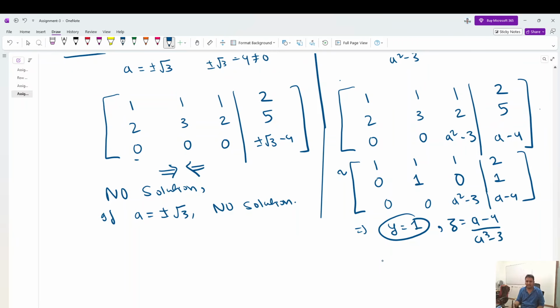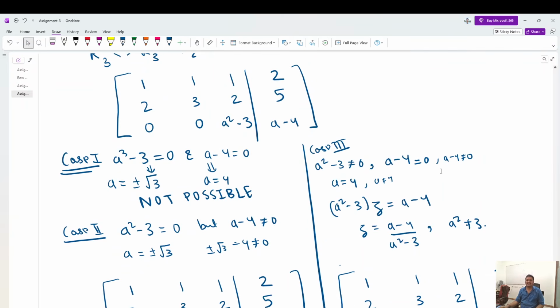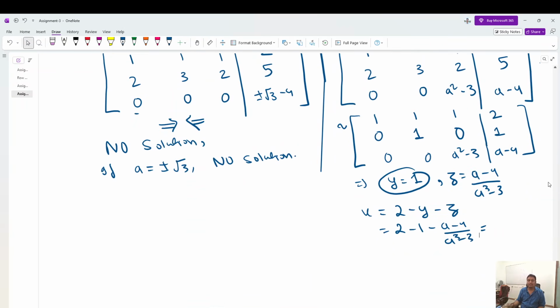Now you can find x. X is basically 2 minus y minus z, so 2 minus 1 minus a minus 4 divided by a square minus 3. So in either sub case of case 3, whether a minus 4 is 0 or non-zero, it doesn't matter. We will have a unique solution.